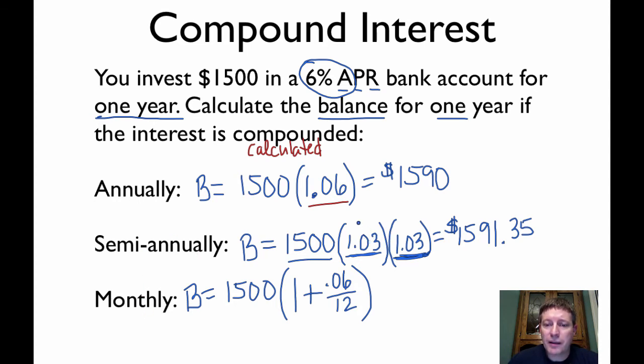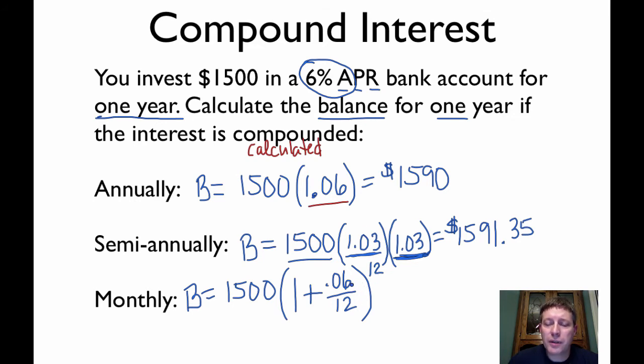So if we go back to here, the 1.03 times 1.03 was really 1 plus half of 6%. Whereas now we want to do 1 plus 1/12 of 6%. And we want to do that 12 times. Every month we're going to compound 1/12 of the interest. And so this is the formula that becomes the heart of a compound interest formula.